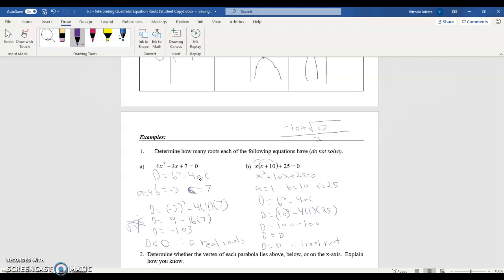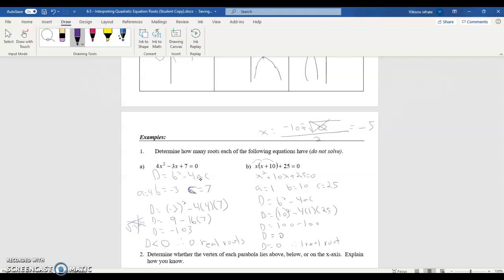Now, if you think about it, minus 10 plus 0 divided by 2 is the same thing as minus 10 minus 0 divided by 2. There's only one choice, really. You're not going to split off and get a different answer. It's like this is not even here anymore. So really you're just doing minus 10 divided by 2 gives you minus 5 as your x. So when you have a 0 there, you only have one option.